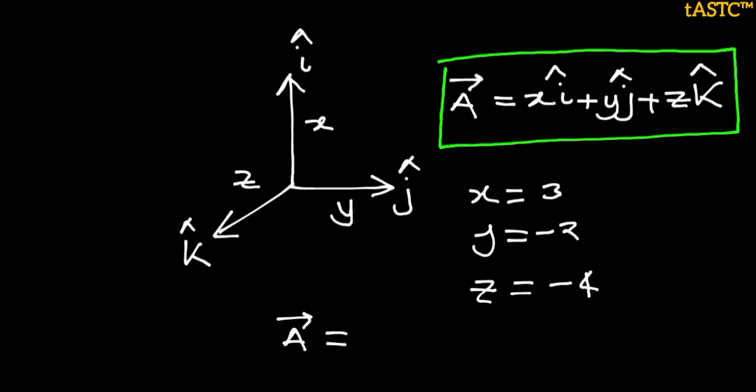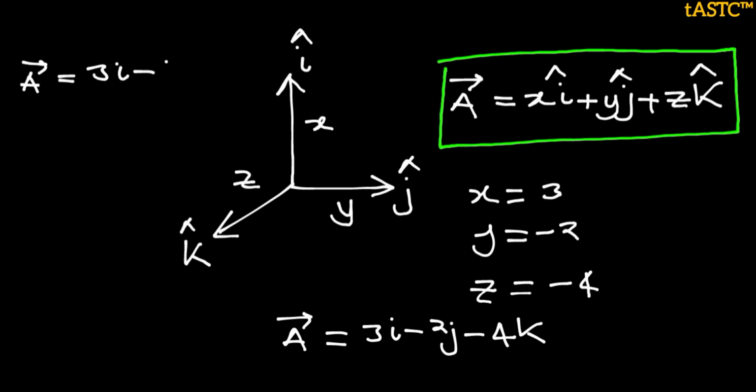Now a is going to be equal to 3i, and here we're going to have a negative 2, so that will be minus 2j. Now k, that will be minus 4k. So this is one type of vector I could have. Let's say a is equal to 3i minus 2j minus 4k.